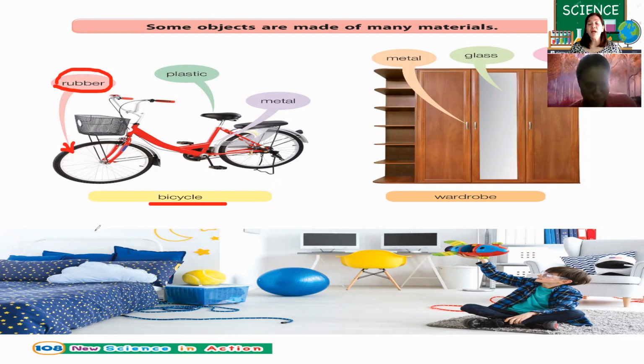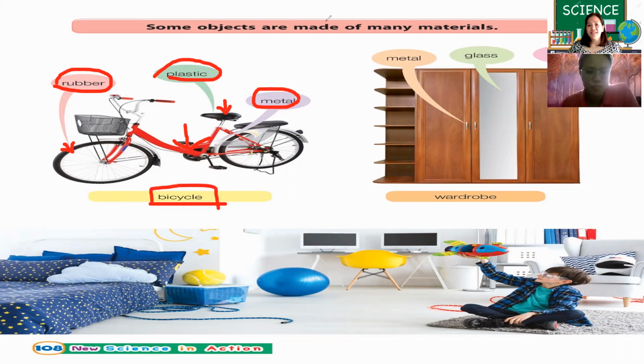It is made of rubber. Then we have this, it is made of plastic. And the body of the bicycle, this, is made of metal. So we have many things that are made of two or more materials, just like the bicycle.